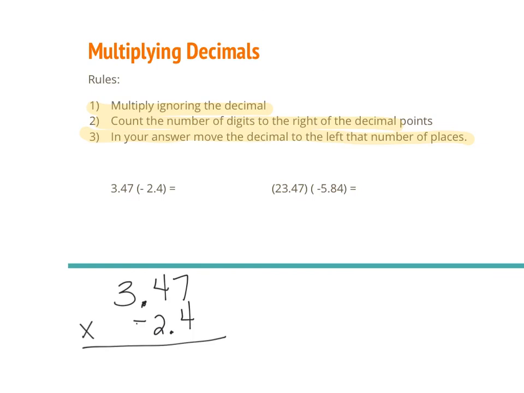You don't need to do that. If you do, you're causing yourself more work. So just write it down, ignoring the decimal point, just like you normally would. We're just going to multiply like normal, ignoring the sign and the decimal point.